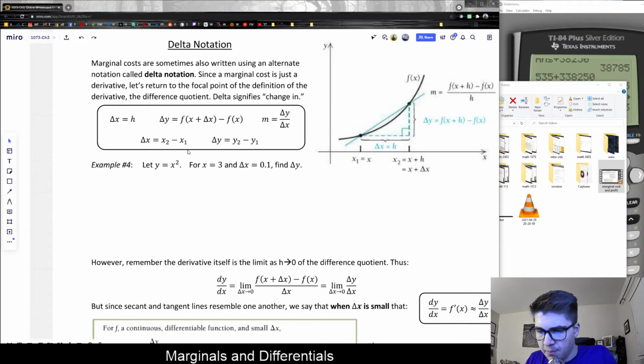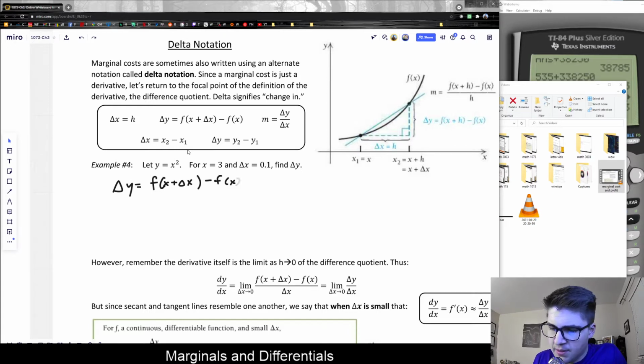Delta y is equal to f of x plus delta x minus f of x. Plugging in what I was given, x is 3 and delta x is 0.1. So what this is asking is, what is f of 3.1 minus f of 3?